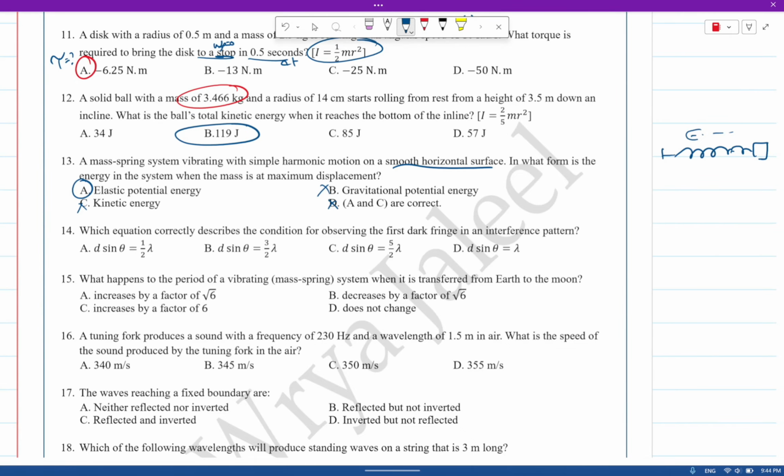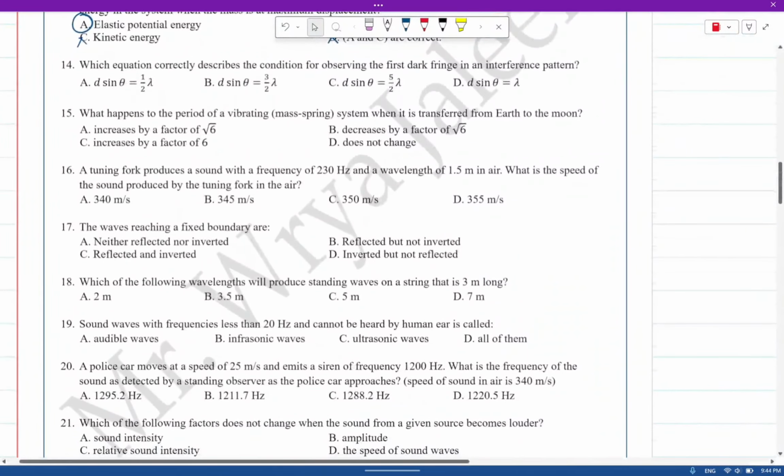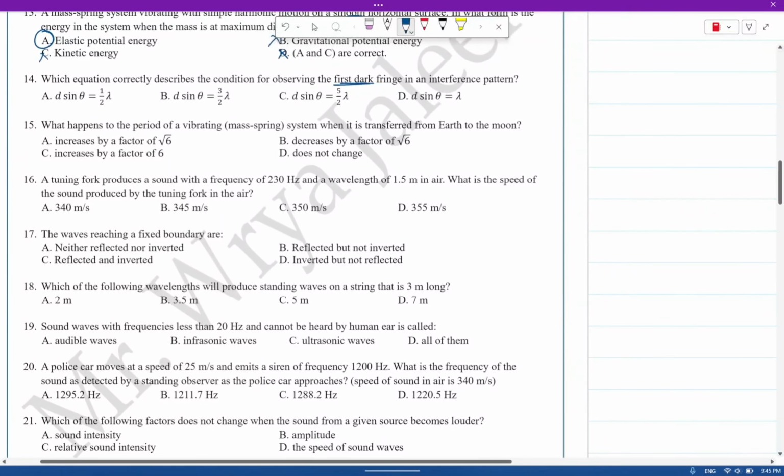Now, question 14 says, which equation correctly describes the condition for observing the first dark fringe in an interference? So there is a dark fringe, so that is a destructive interference. The equation for destructive interference, you know that, d sine theta is equal to 1 over 2 plus m lambda, or m, basically.